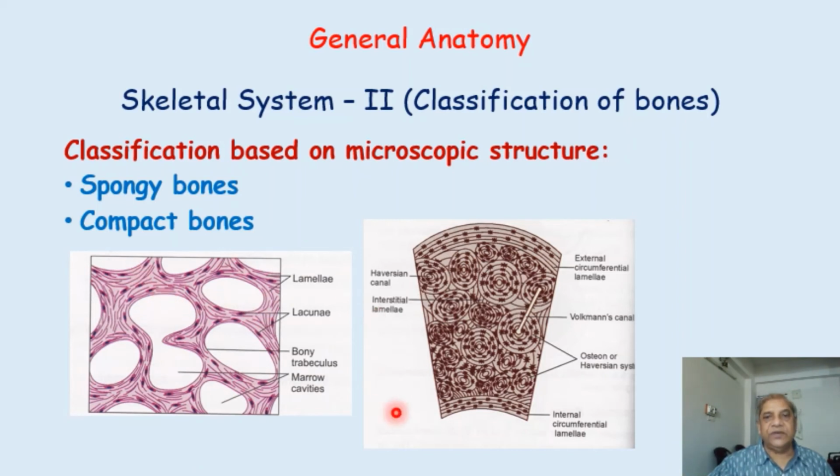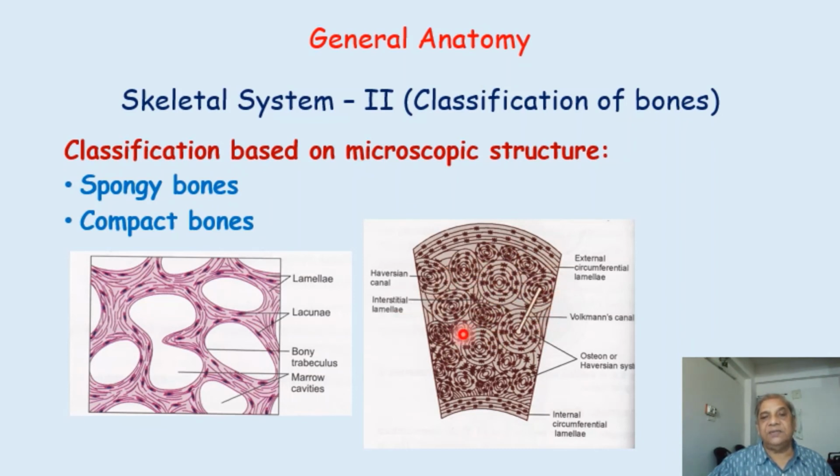Okay, but when you see the picture of a compact bone taken from the shaft of any long bone, or any other bone which is made up of compact bone, you can see that it has a very peculiar arrangement of the bony tissue. In the center, circles are seen here.